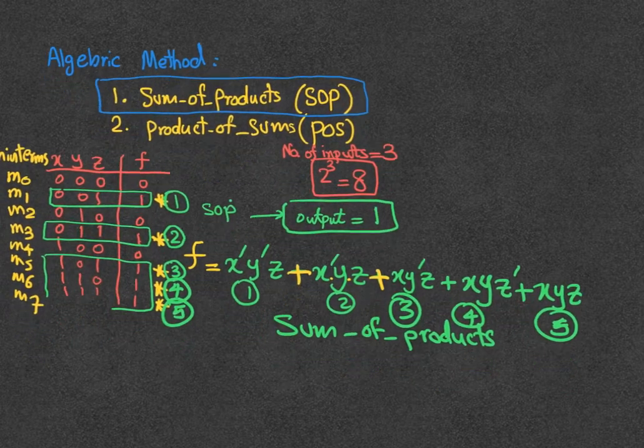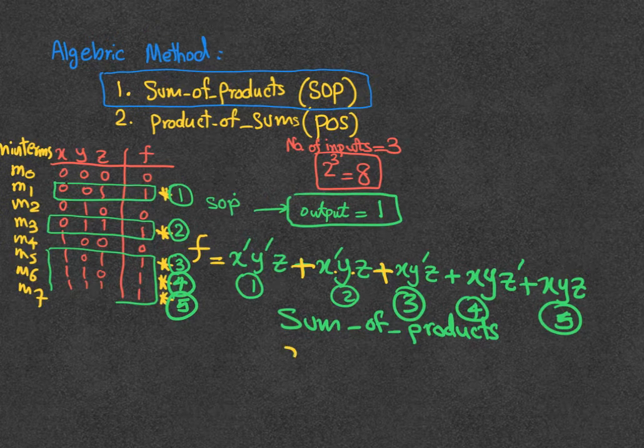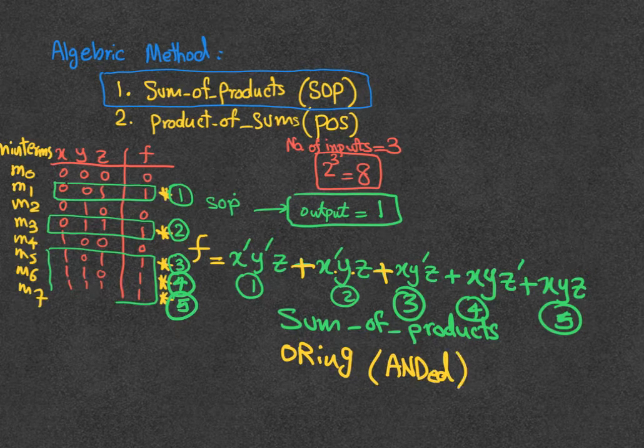So basically you are ORing the ANDed terms. If you want to write it in digital form, sum of the product is basically you are ORing. So these are OR functions. So you are ORing the ANDed terms. So that's sum of the product.